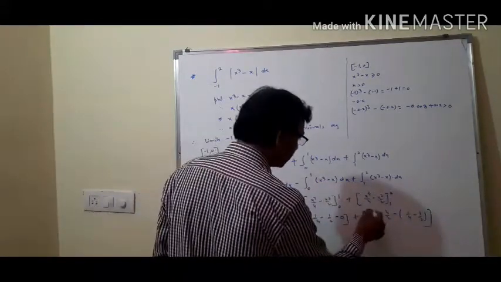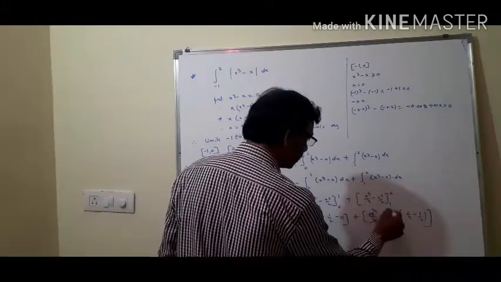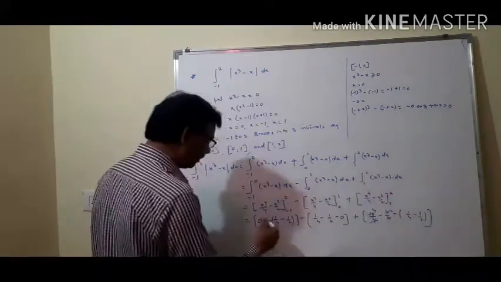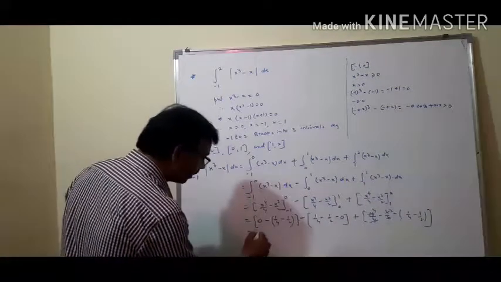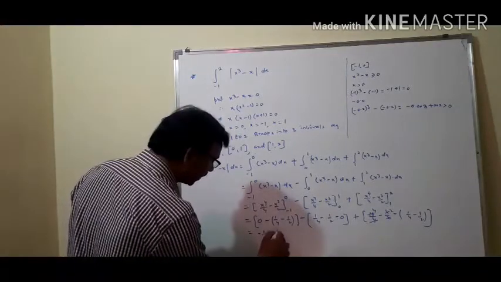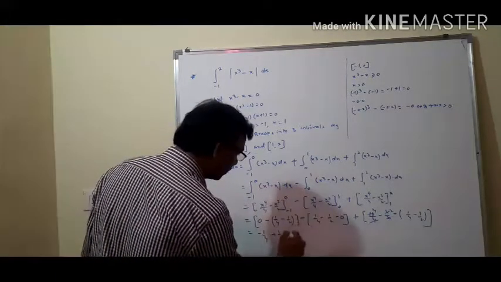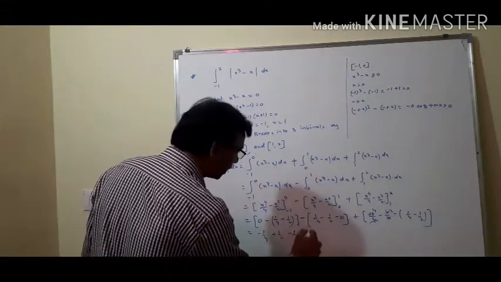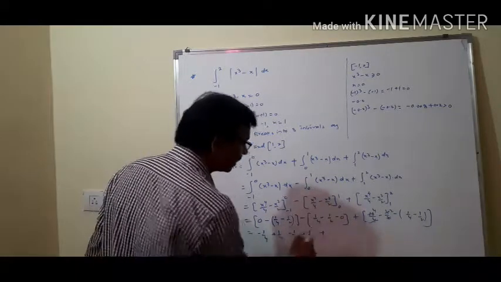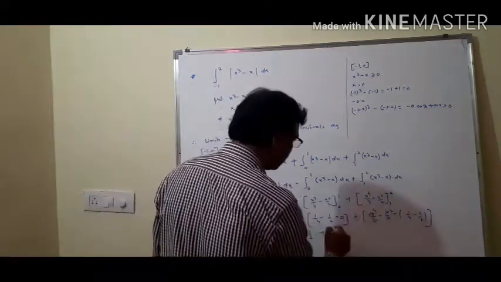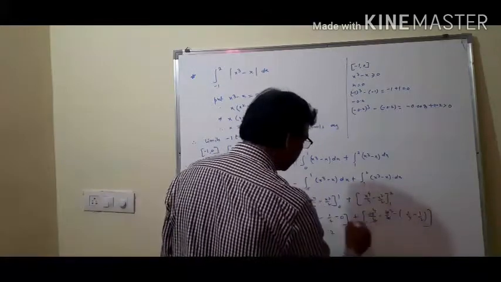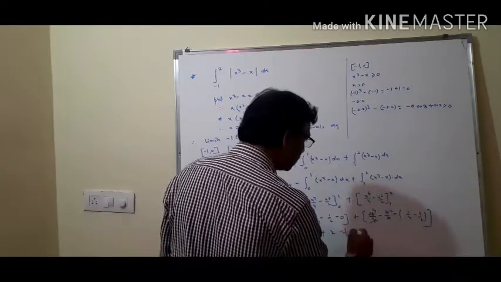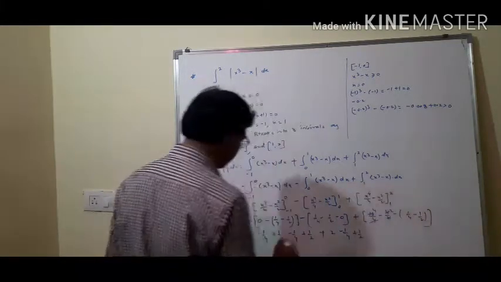This cancels, this will be 4, this will be 2, and here minus 1 by 4 plus 1 by 2, and this will be minus 1 by 4 plus 1 by 2, plus 4 minus 2 means 2, and minus 1 by 4 plus 1 by 2.